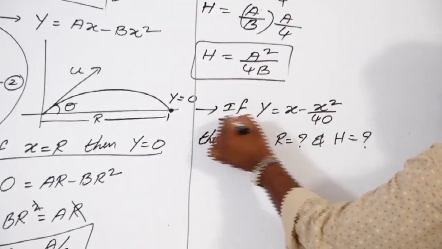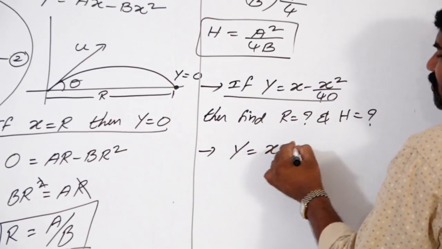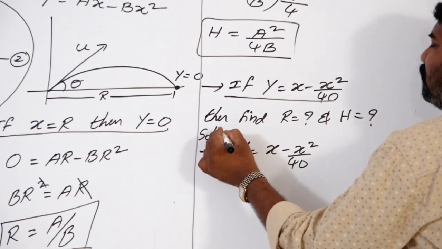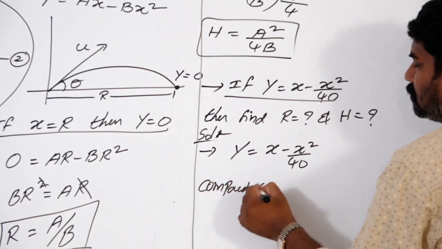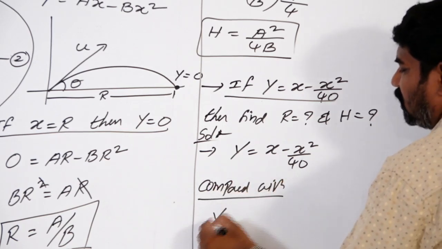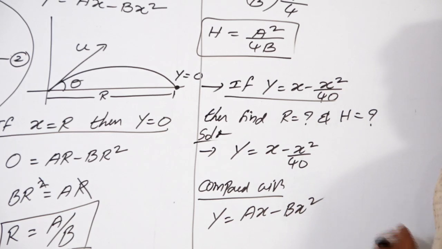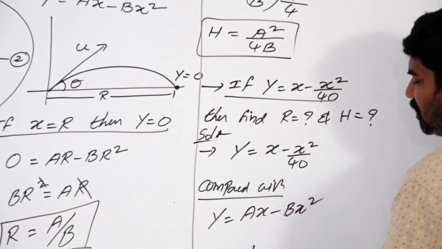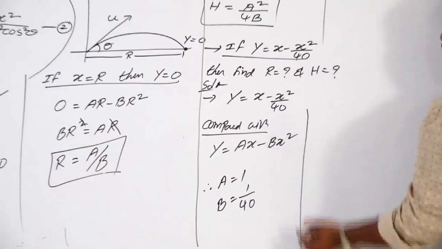Here this is the equation, y is equal to x minus x square by 40, compared with y is equal to ax minus bx square. Therefore, a is nothing but 1, and b is equal to 1 by 40.